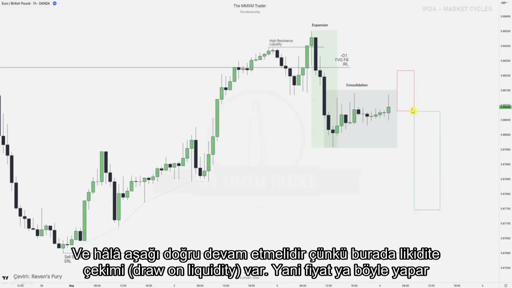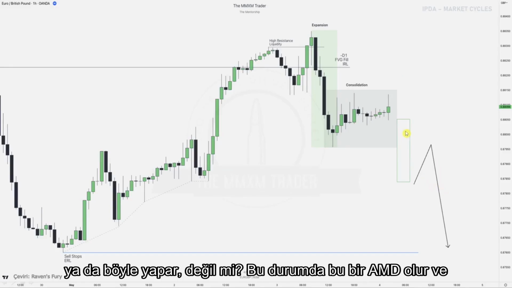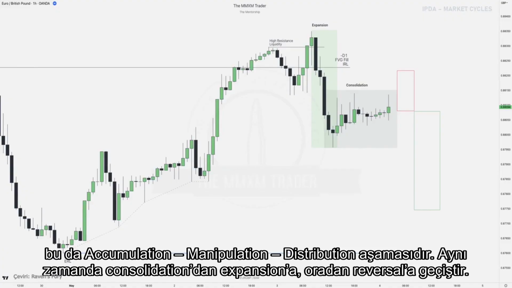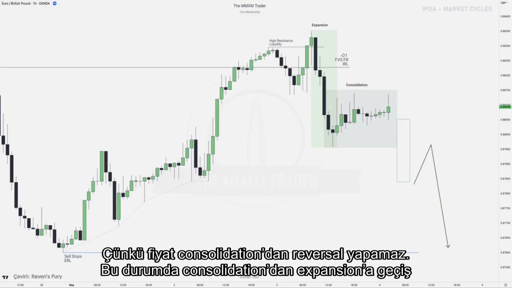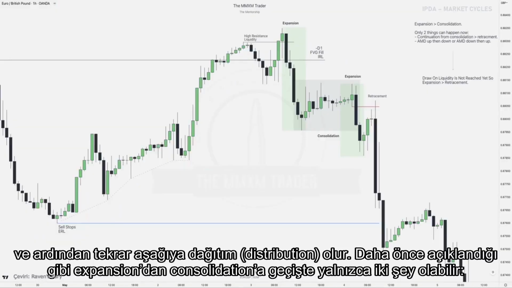So it could either do this or it could do this, right? So back up into this one. This would be an AMD, an accumulation, manipulation, distribution phase. Also consolidation into expansion, not a reversal, because it cannot reverse from a consolidation, and this would be a consolidation into expansion again, distributing lower, right?